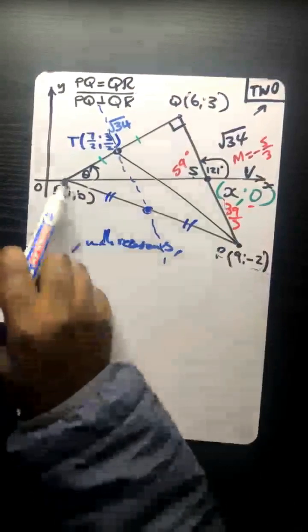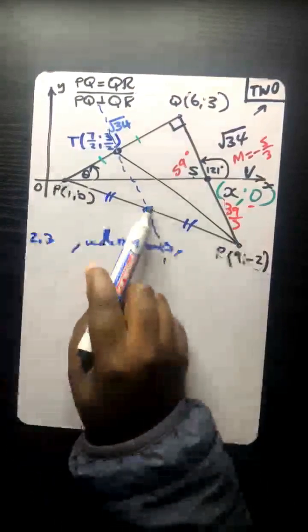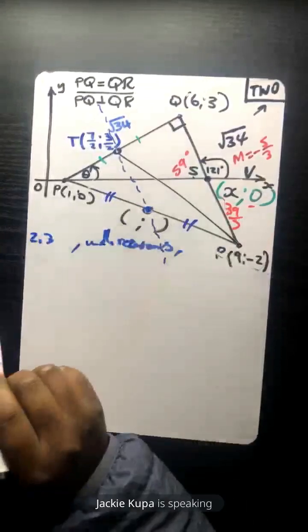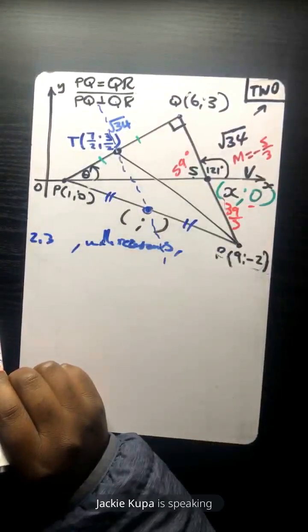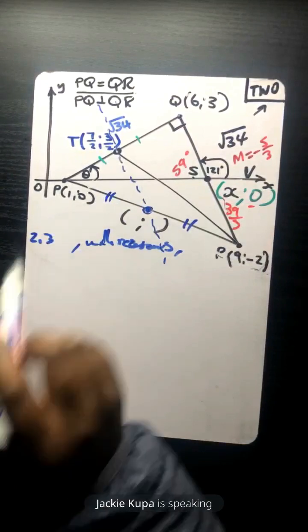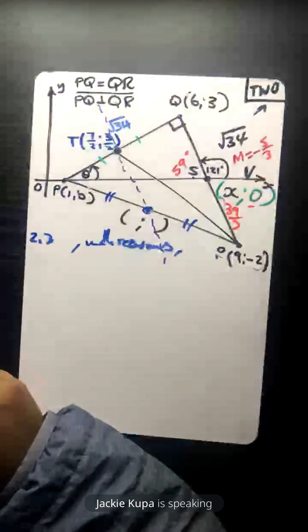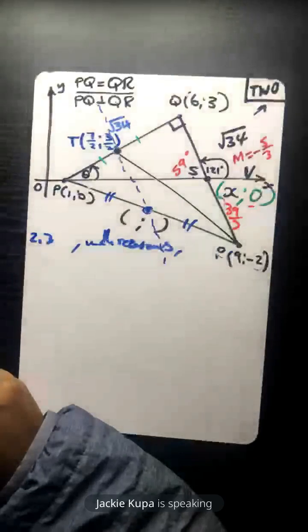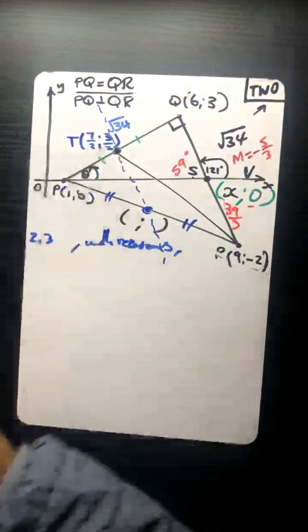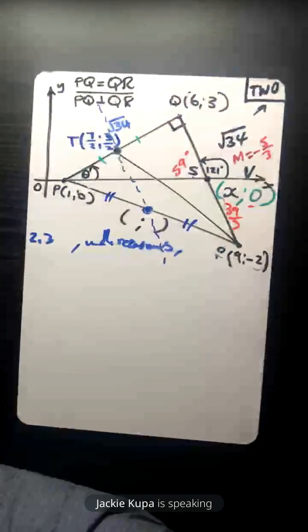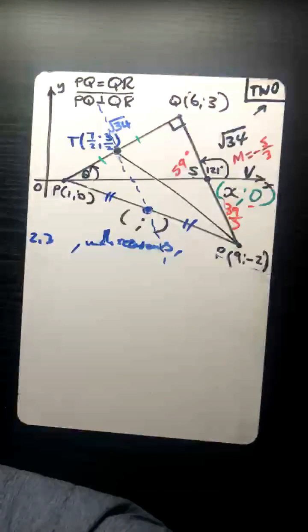So you're saying we find the midpoint, and then we have the coordinates of that P on top, and the coordinates of T also. From those coordinates we can find the gradient. Okay. And then now the reason.